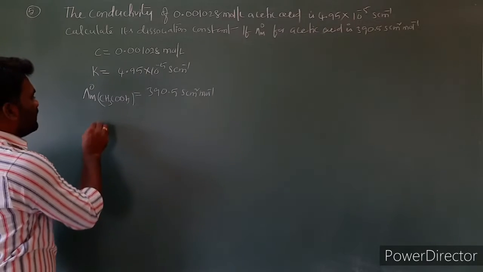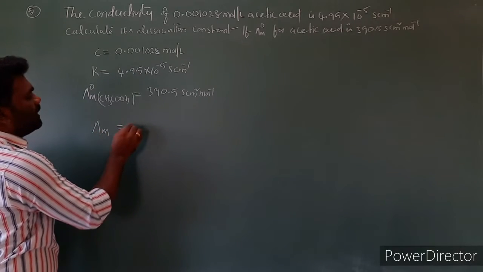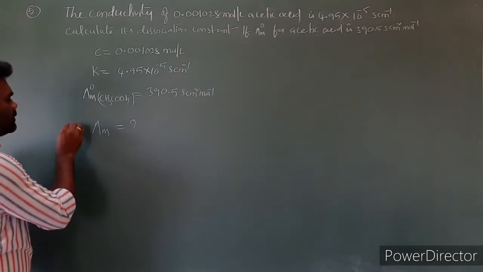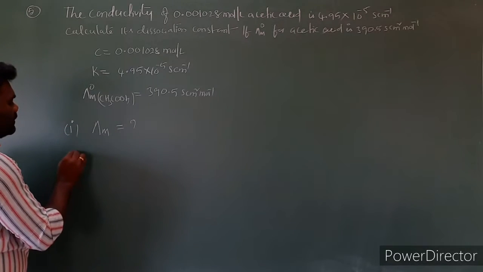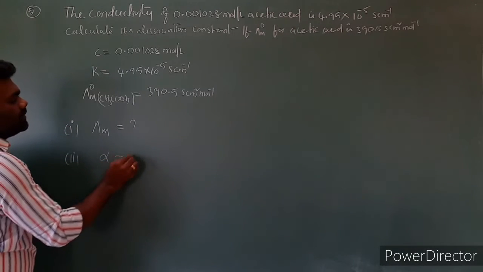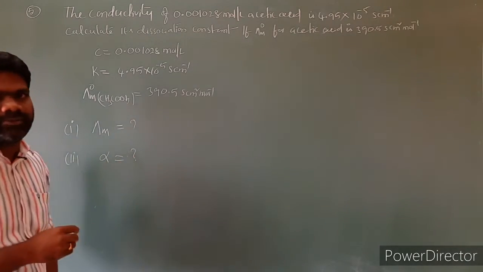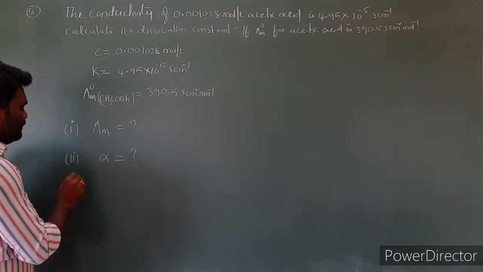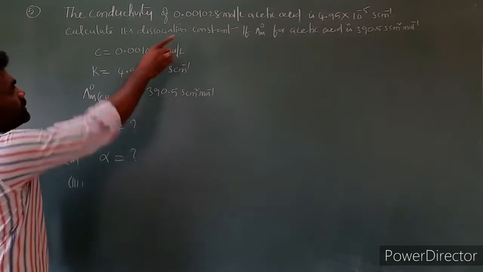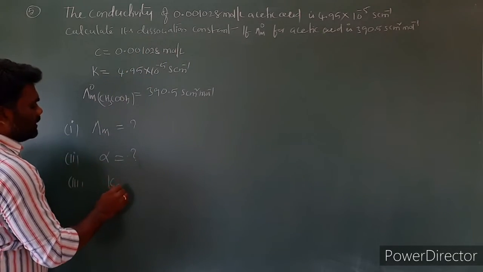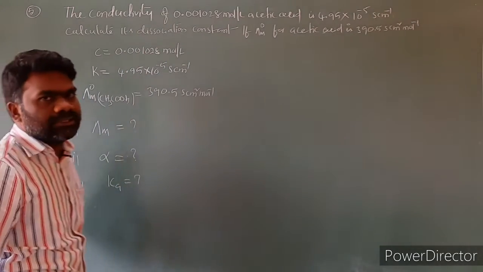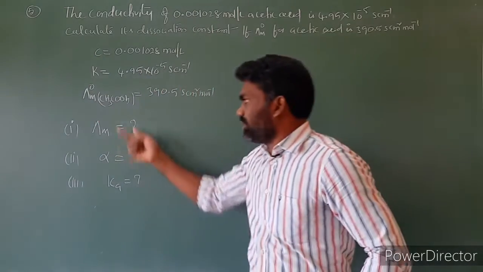The first one is lambda m, molar conductivity. The second question is to calculate the degree of dissociation of acetic acid. The third question is to calculate the dissociation constant Ka of acetic acid.